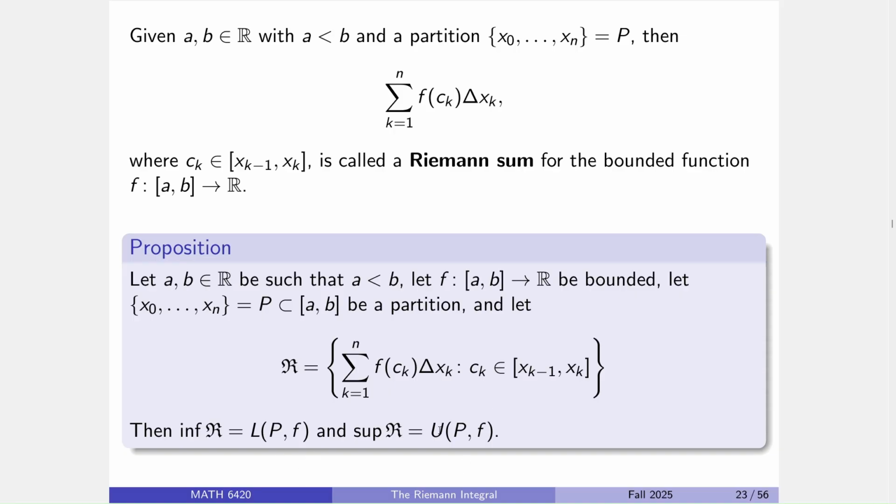Likewise, the upper Darboux sum is in fact the supremum of all possible Riemann sums. So here we finally see how Riemann sums relate to the lower and upper Darboux ones. They are precisely the infs and the sups of all possible such sums. So, pretty cool.